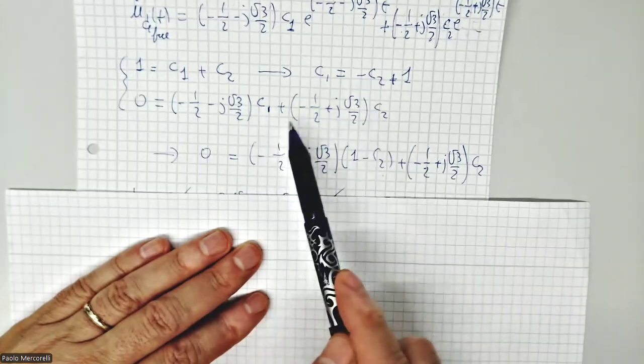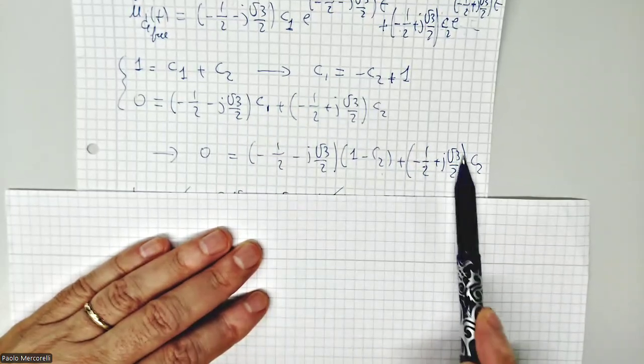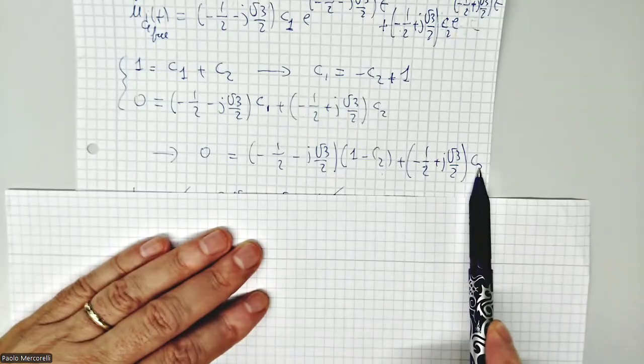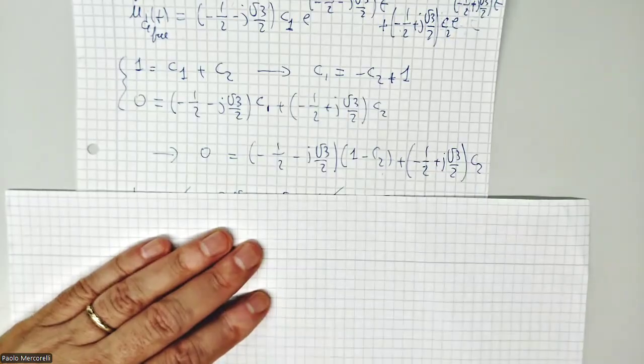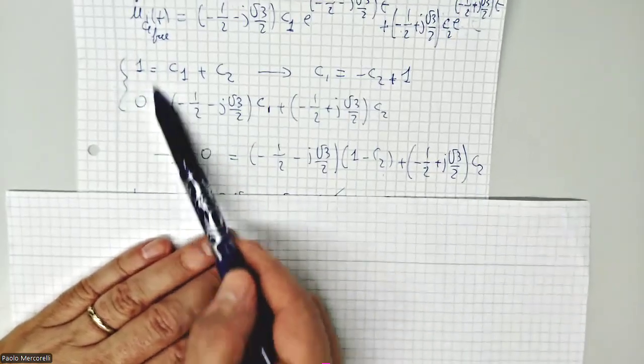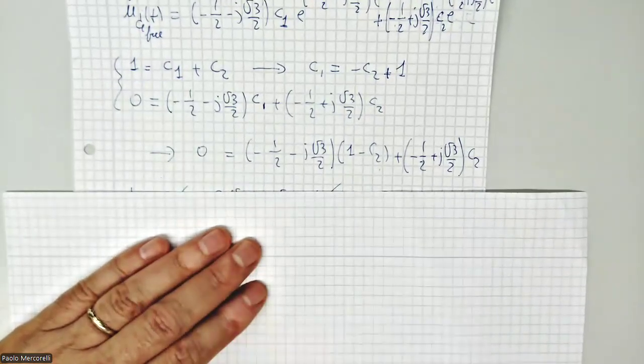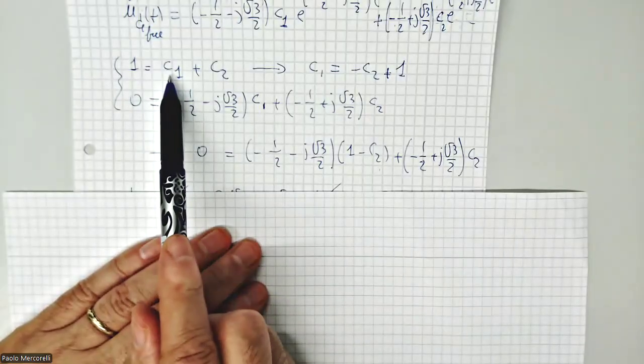I plug in here, plus this expression, which is here, which multiplies C2. Now we have the possibility to calculate C2. But basically, what is here? We have an algebraic system with two equations in C1 and C2.